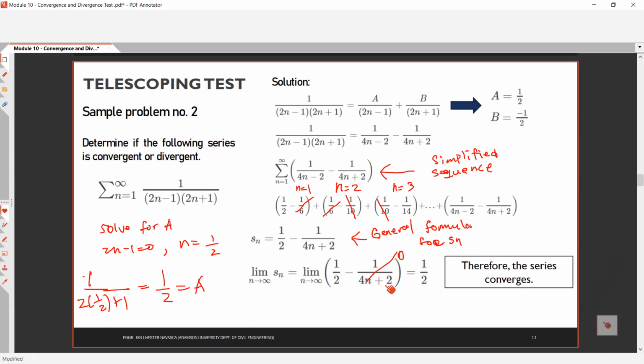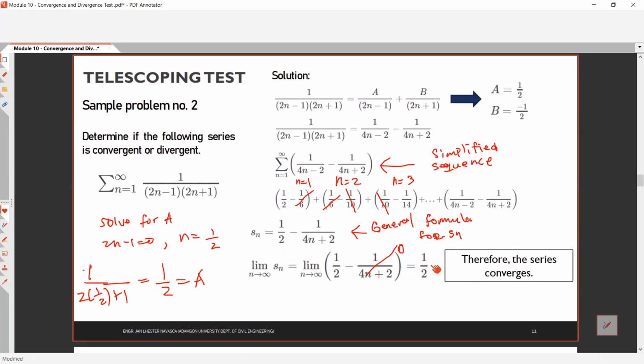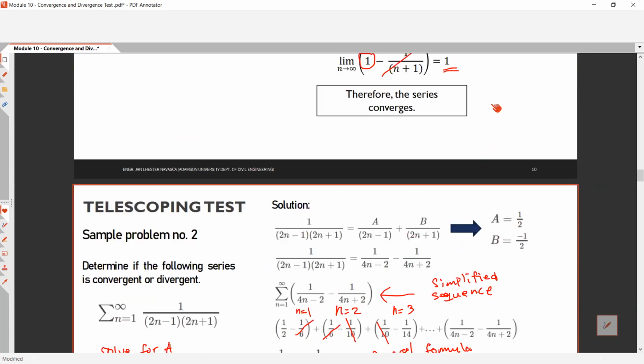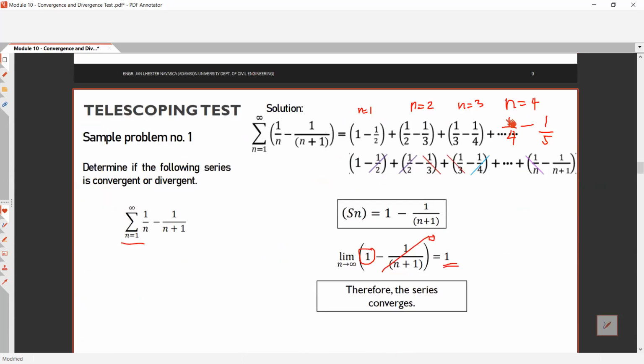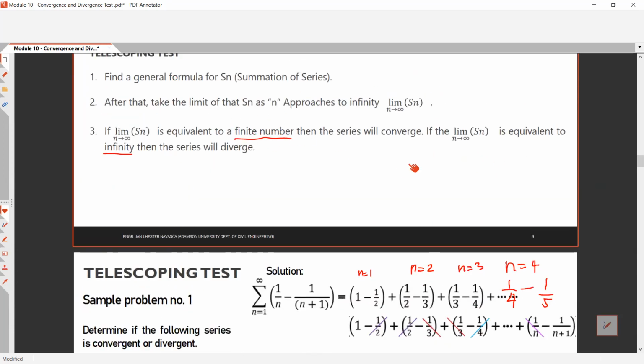Therefore you have positive 1/2. Since the limit of the summation is equal to a finite number, therefore the series is converging. Hindi siya nag-infinite.